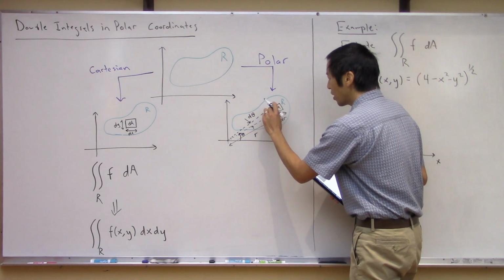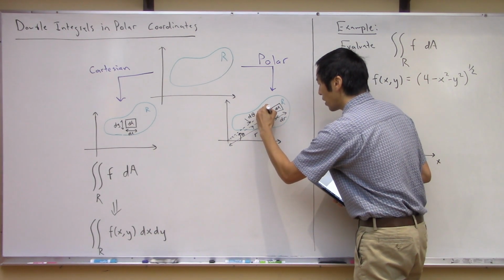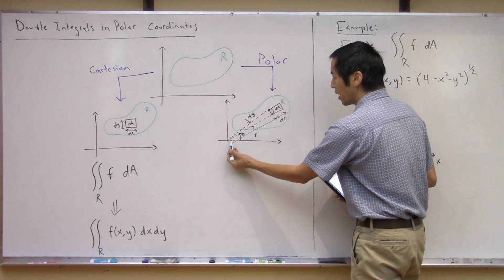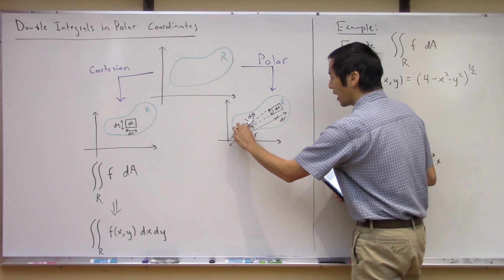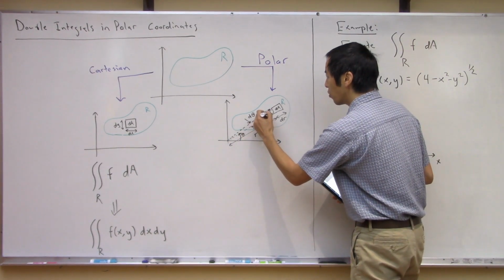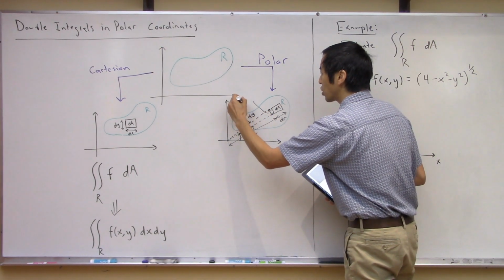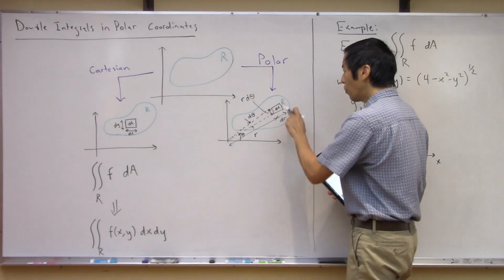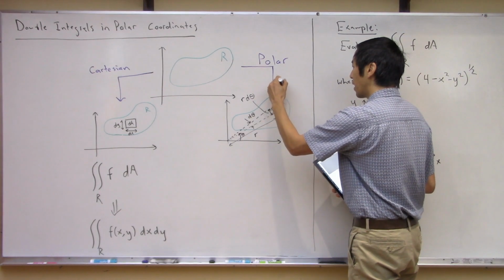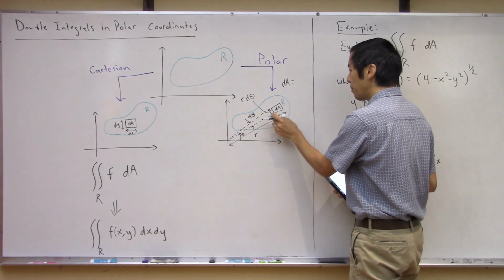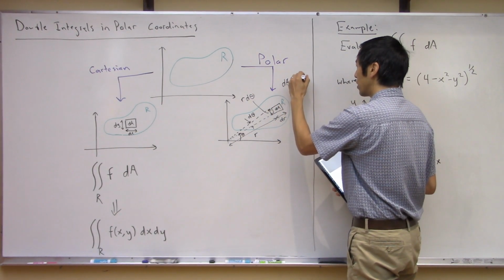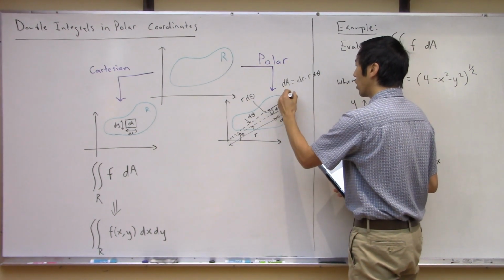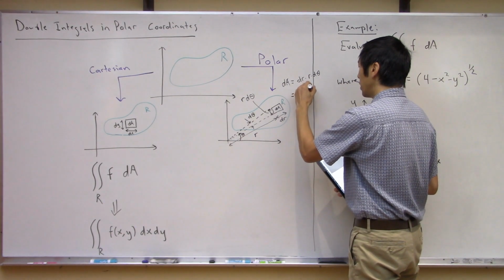So what I'm getting at here is that the height of this rectangle, if you think about this long enough, is the radius times the angular displacement d theta. In other words, this term right here is actually r times d theta. So this dA is basically the base dr times the height, which is r times d theta, or r dr d theta.